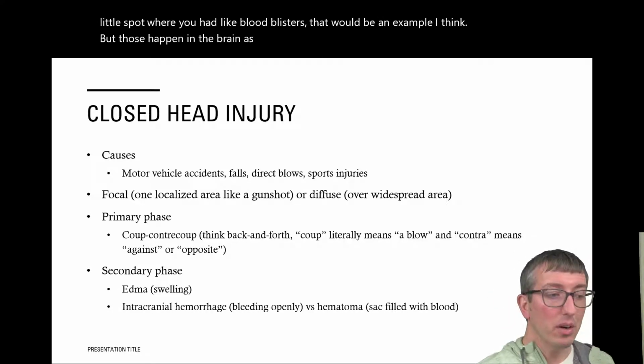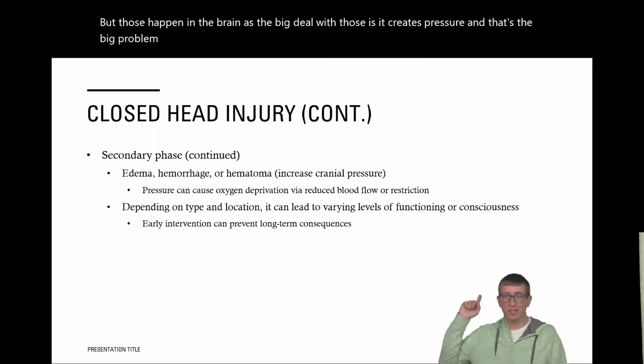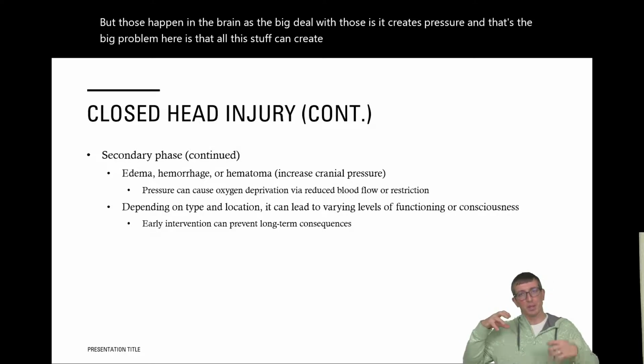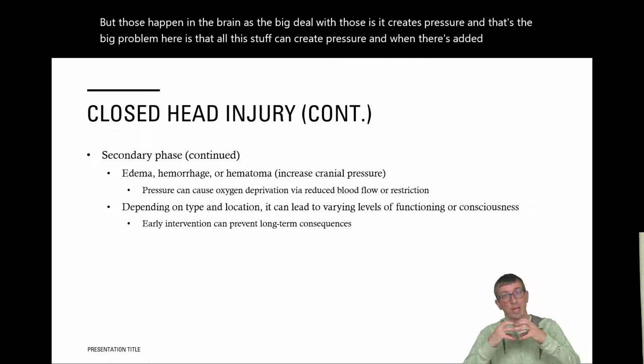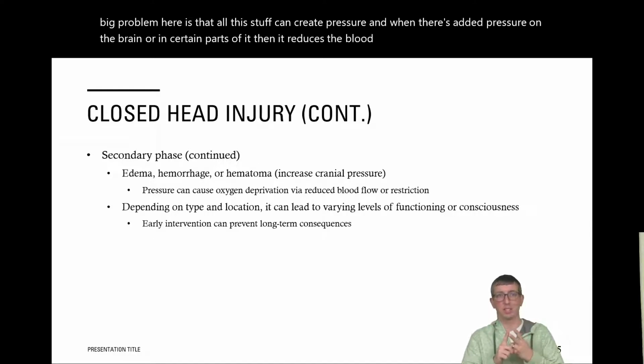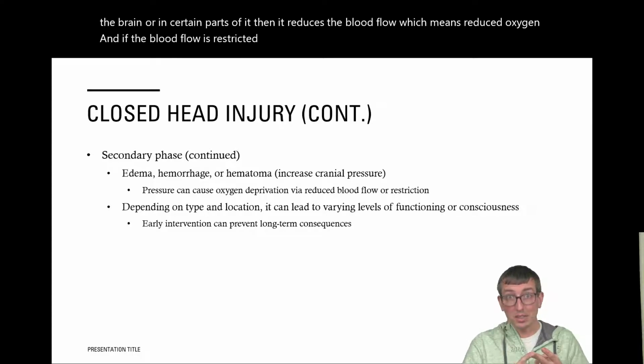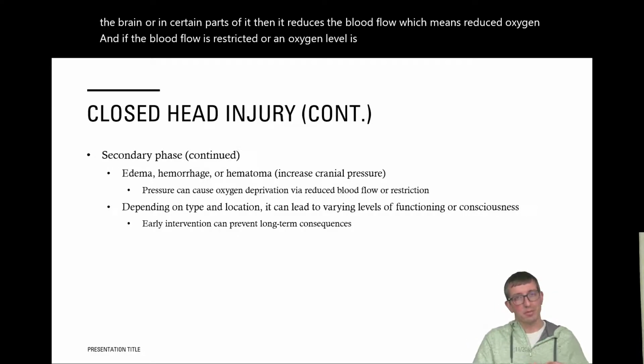The big deal with those is it creates pressure, and that's the big problem here. When there's added pressure on the brain or in certain parts of it, it reduces the blood flow, which means reduced oxygen. And if the blood flow or oxygen level is restricted, that can create further damage to the tissue.